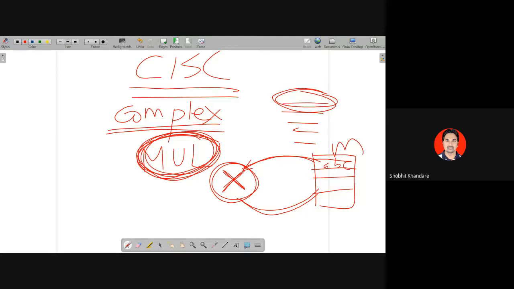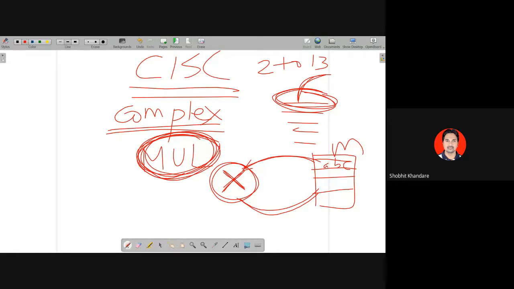Next point is, it is complex, so instruction timing will be more. Here, on average, every instruction would require 2 to 13 clock cycles. RISC में देखो क्या था, 1 to 1.5. यहाँ पे 2 से लेके 13. यहाँ पे ज्यादा टाइम लगता है.